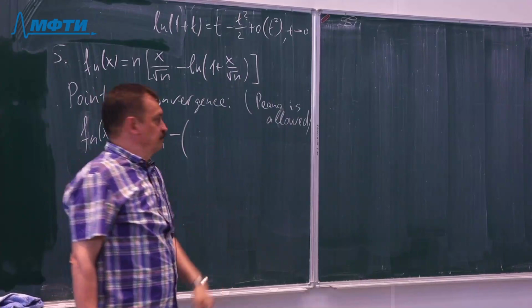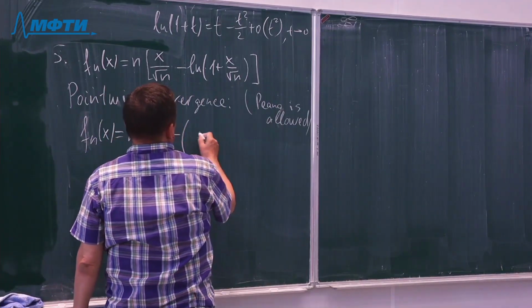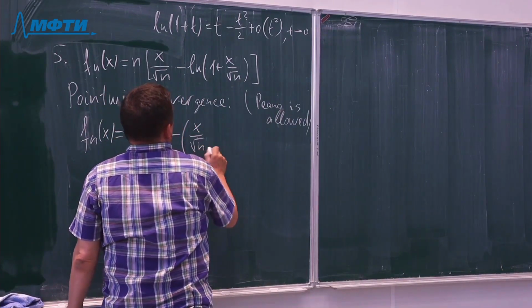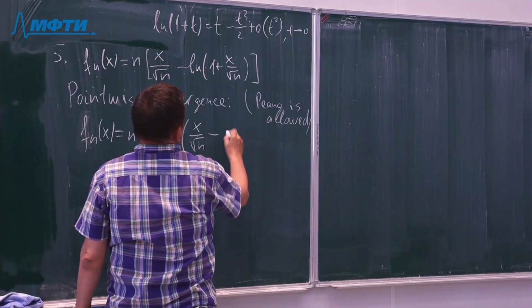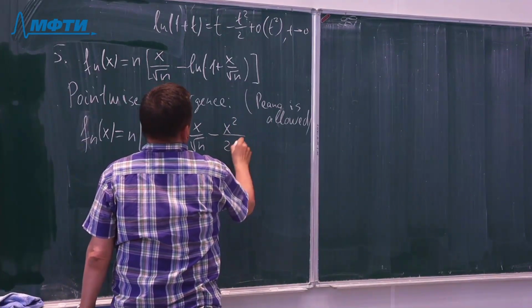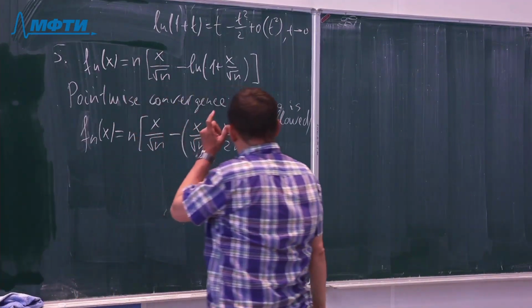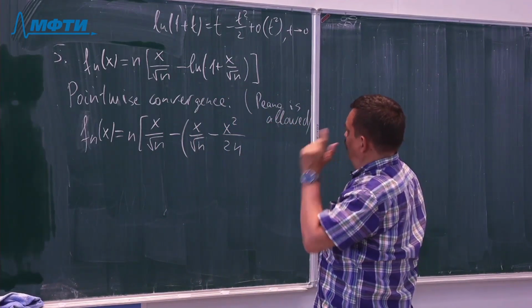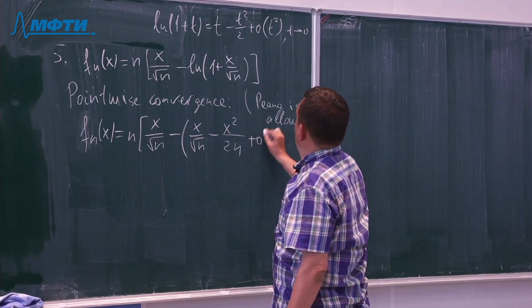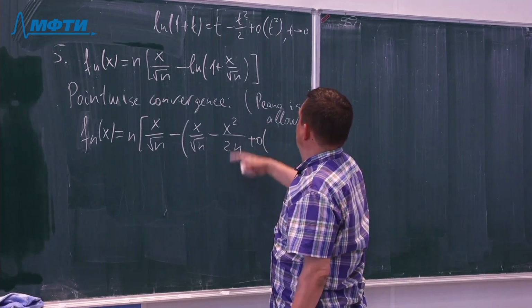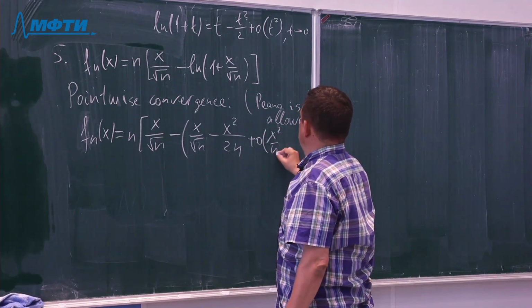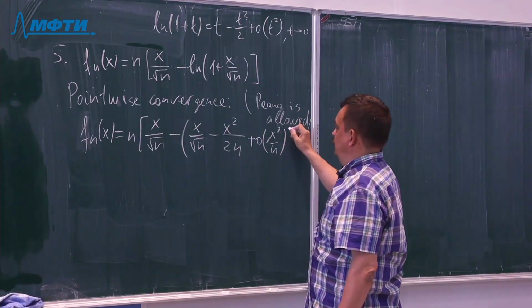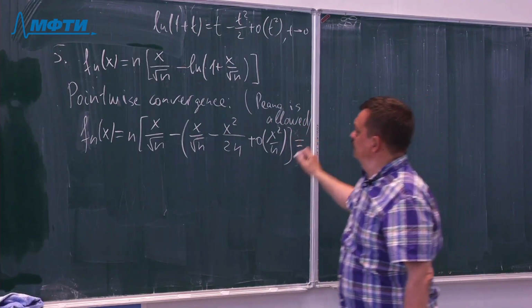That's important. So x over square root of n minus x squared over 2n plus little o of x squared over n, like that, firstly.